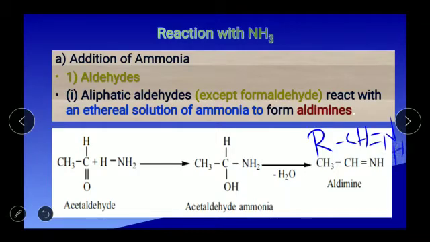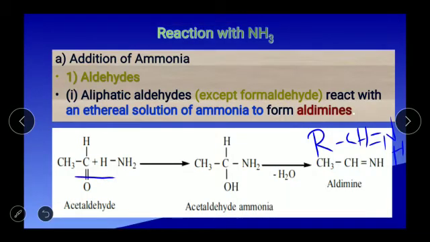We take the aliphatic aldehyde acetaldehyde, CH3 CHO, with ammonia, NH3. The reaction is given as H single bond NH2 for better understanding of how the chemical reaction happens.